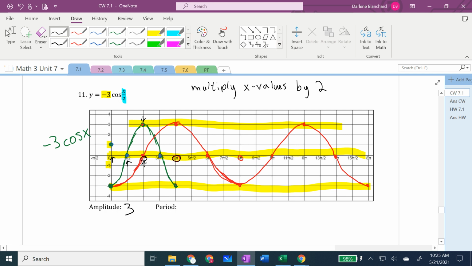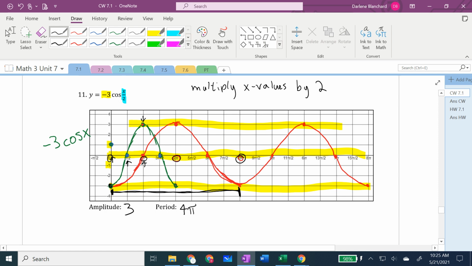The period of the graph looks at how long it takes to go through a cycle. So my final graph went through an entire cycle from 0 to 4 pi. That means the period is 4 pi.